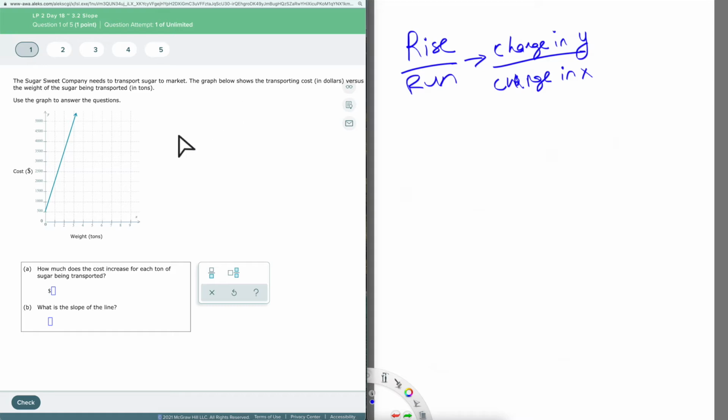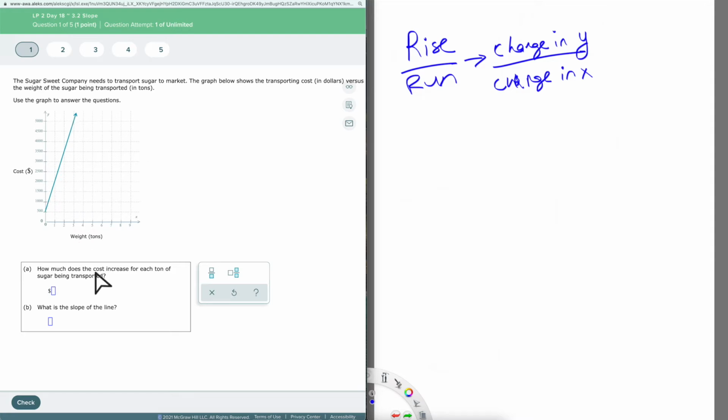This should be somewhat familiar, that this is our starting point. If we do 0 tons, how much is the cost for just the truck, it seems like, not even the sugar in the truck. So if this is our starting point, then we're starting at $500, and we're moving up a certain amount from there each time. So each ton we add, we're going to go up a certain amount. So let's look at the questions now.